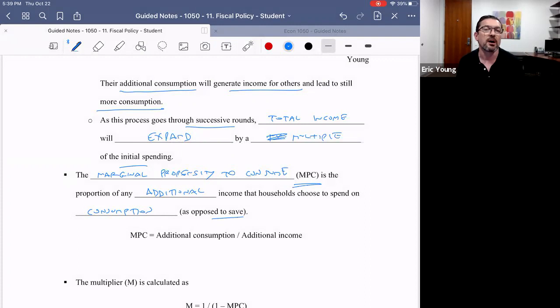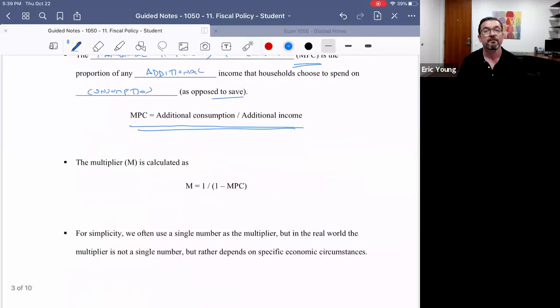So for every dollar or every $100 or every $1,000 that a household receives as income, how much of that will be spent on consumption of goods and services as opposed to saving it, not spending it? That's the MPC. The MPC, therefore, is simply calculated as additional consumption, marginal consumption, divided by additional income.